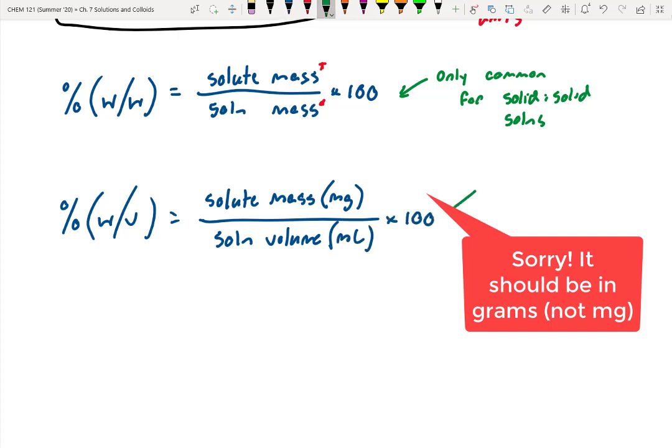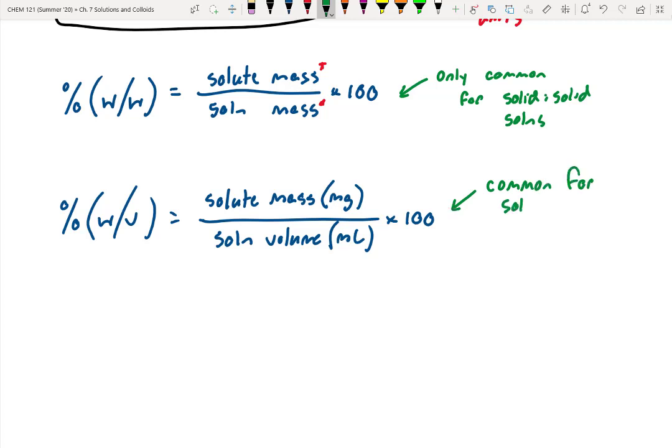And so this one tends to be common for solids dissolved in liquids. It's similar to molarity. However, we're not dealing with moles over liters, we're dealing with mass. And so this practically is easier to use quickly in a lab setting, but it doesn't let you know how many moles you have. You have to do another calculation.